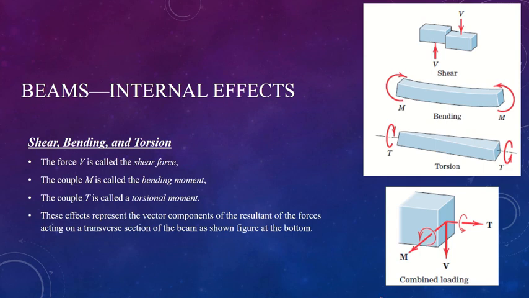So in this book we are going to talk about shear first. The shear is defined by the variable V, capital V. It acts on a transverse section of the beam. If you remember, tension and compression act on axial sections, while shear forces act on the transverse.